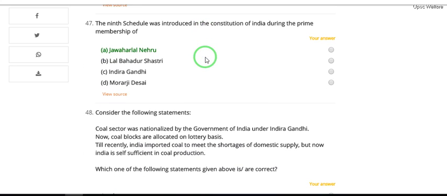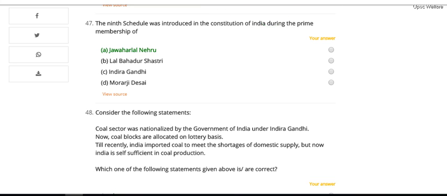Now see here, the Ninth Schedule. As we know, the Ninth Schedule was introduced in the Constitution of India during the Prime Ministership of Pandit Jawaharlal Nehru. And what is the Ninth Schedule for? The Tenth Schedule is the anti-defection law, and the Ninth Schedule, I think, is of course land reform.